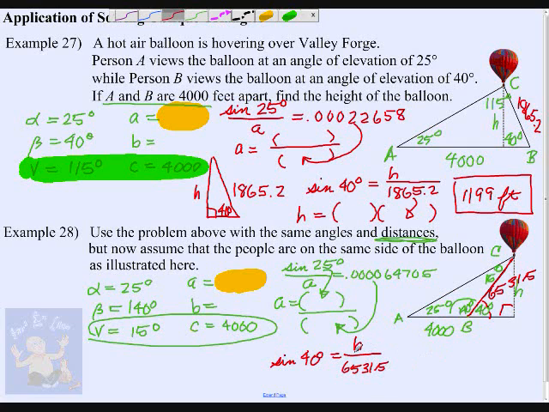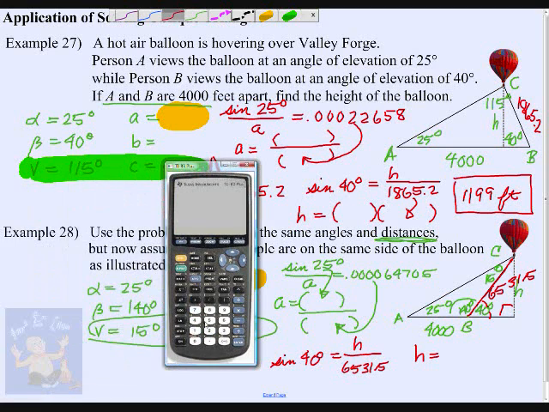So the opposite side is going to be equal to the sine times the length of the hypotenuse. Sine of 40 degrees times 6531.5. Whoops! This is not good.